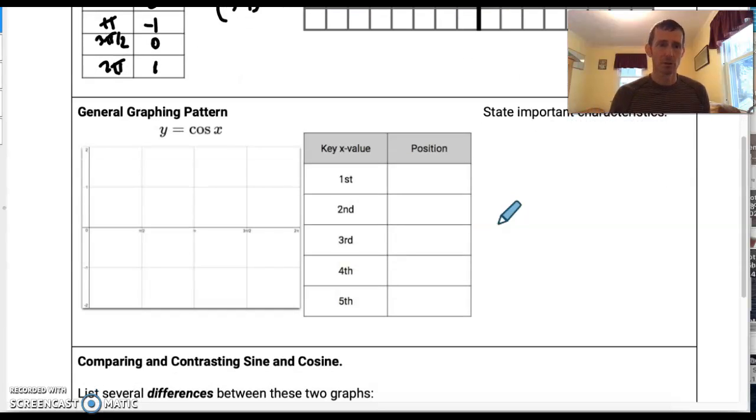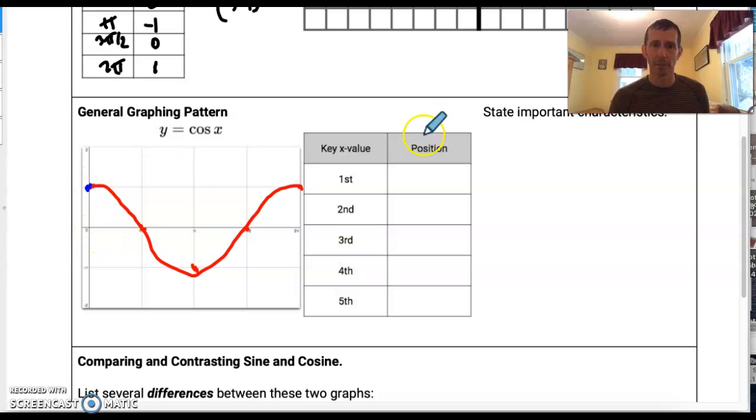This is the general cosine graph, and we're going to talk about the key positions. Again, I'm going to plot that quickly, just one period of the cosine graph, instead of the above graph, which had a couple of periods. Notice that the very first position with cosine is right here. It is no longer on the midline like it was with sine.